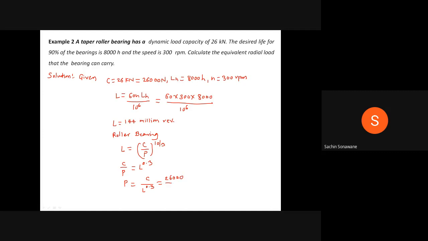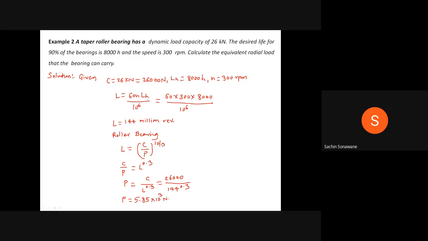Therefore, P is equal to C divided by L raised to 0.3, which is equal to 26,000 divided by 144 raised to 0.3. Therefore, P is equal to, what is the value of P? 5.85 into 10 raised to 3 Newton.